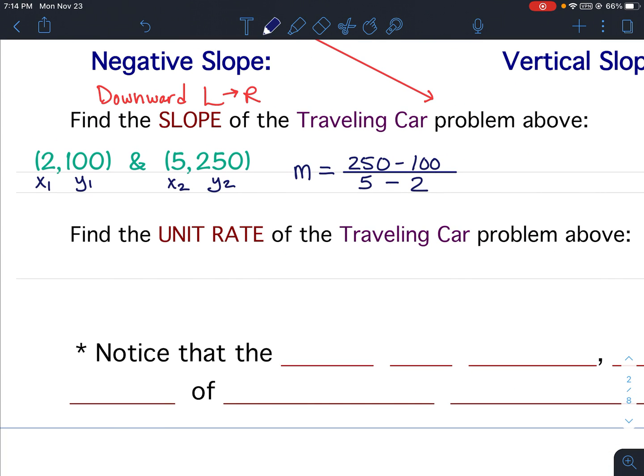So again, the slope for the traveling car problem, I would take 250 minus 100 over 5 minus 2.